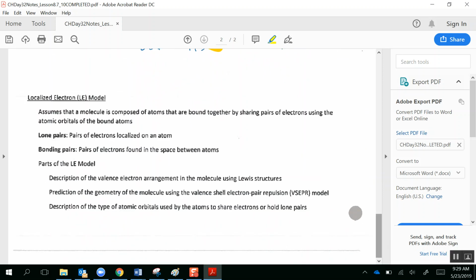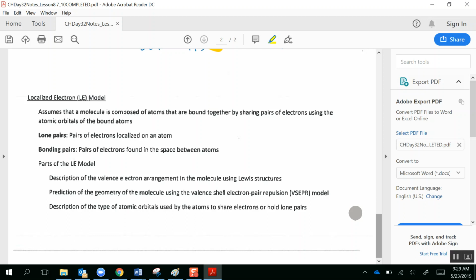Before we move into the next section, which is the VSEPR theory, the localized electron model means that when we draw the molecule of a compound, we can have what we call lone pairs and bonding pairs. Some atoms will have electrons that they don't share with other atoms in the compound, and those are lone pairs.